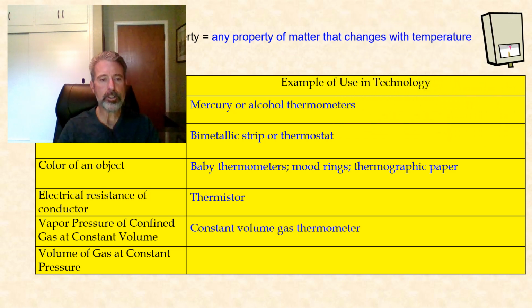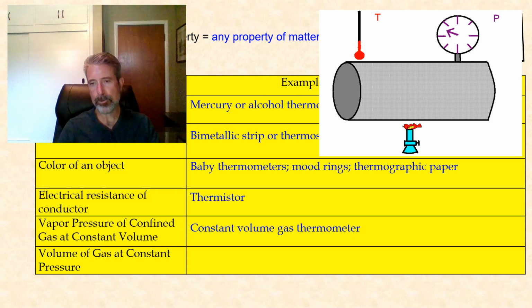The vapor pressure of a confined gas at a constant volume. And this is the constant volume gas thermometer, and here's a schematic of one. You can see here that we have a container which has a fixed volume.